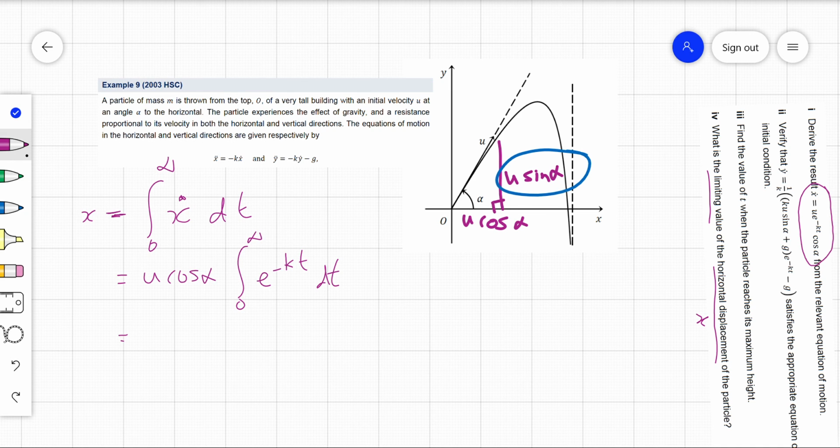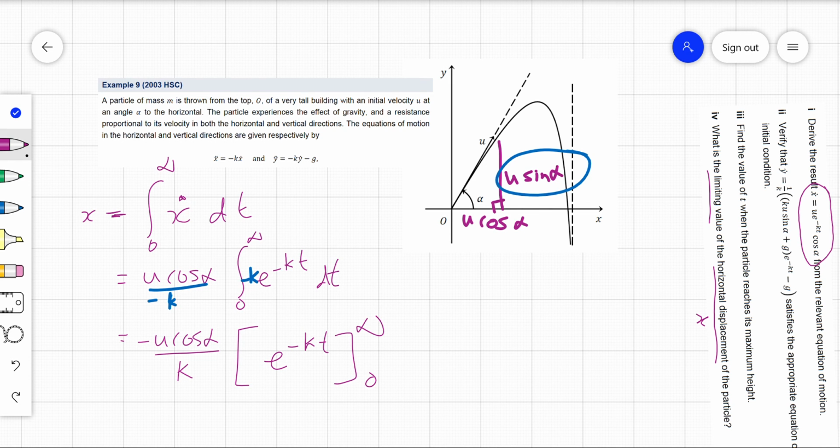I need to divide by a negative k, so if I had a negative k here, then I could divide by it and get back to e to the minus kt. So I've got negative u cos alpha on k, and now when I integrate, I can go straight to this.